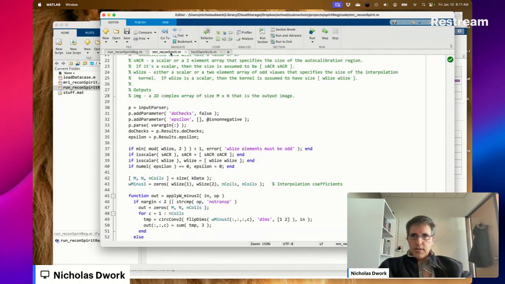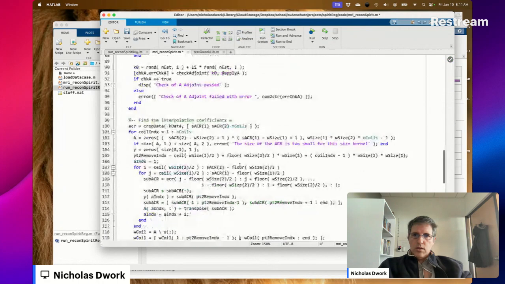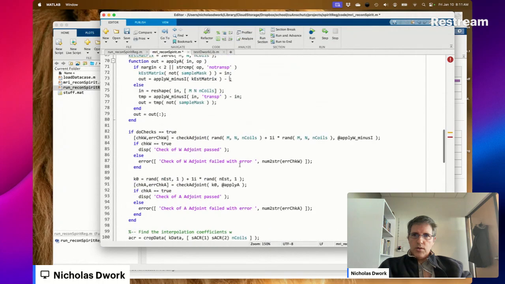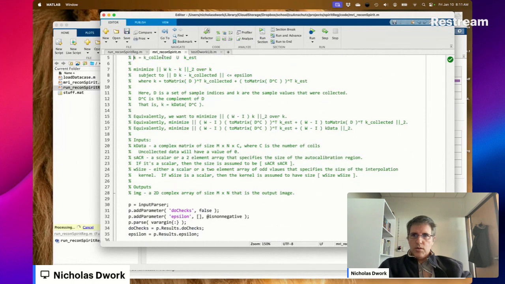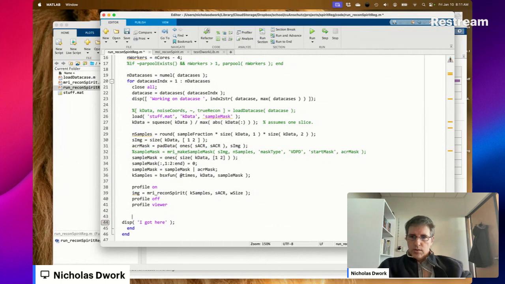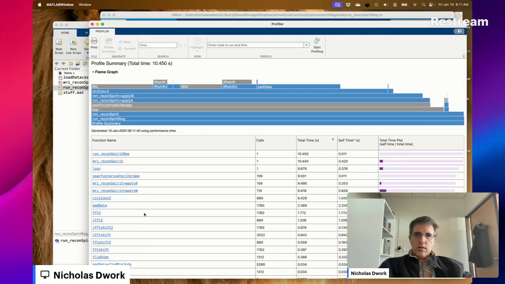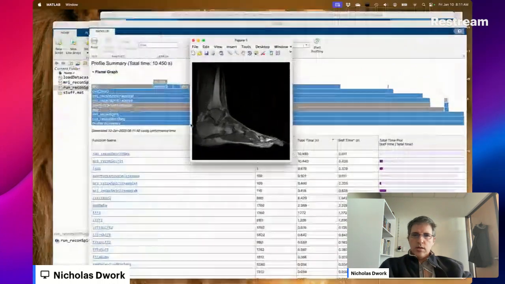Yeah, I don't think that worked. Okay, that's much less aliasing.